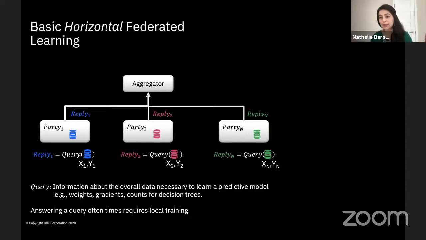With that, the aggregator takes all those replies, which again don't contain any private data. They only contain information about either weights or gradients, if we are trying to train something based on neural networks or SPN. You can even train decision trees, in which case the reply is just the counts.